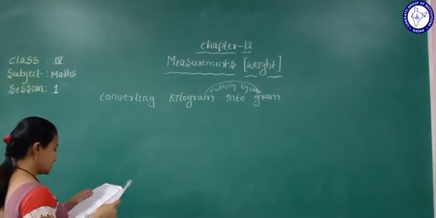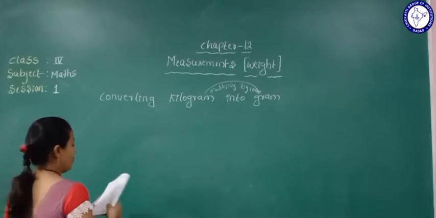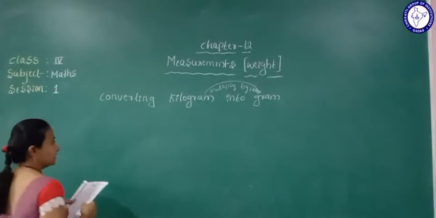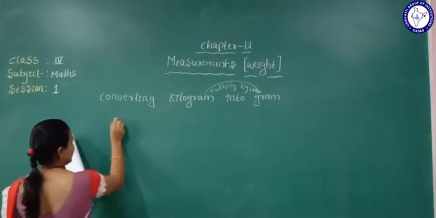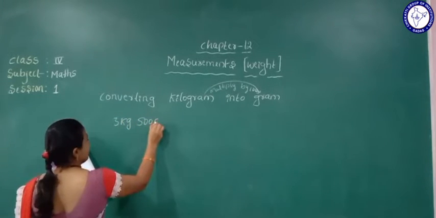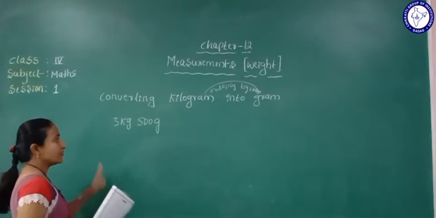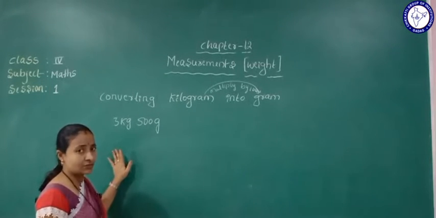See, they have given an exercise here, and before going to the exercise, we'll see another example. We'll write 3 kg 500 gram. Here, first you studied only kg, how to convert to gram.